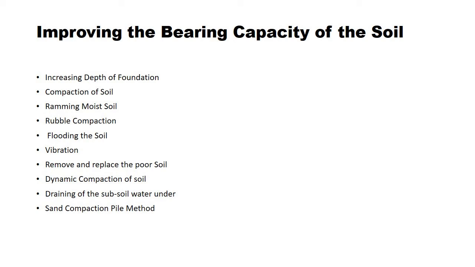In this method, heavy vibratory rollers and compactors are used. They compact the layer of granular soils to a depth of around 1 to 3 meters. If the method of flooding is followed by vibration, sandy soil can also be very effectively compacted.